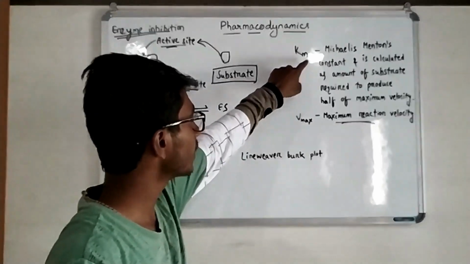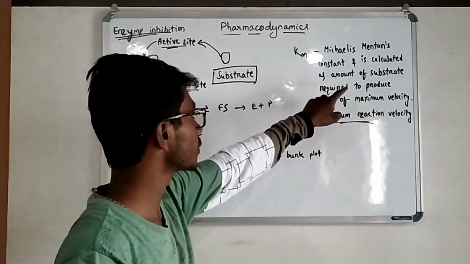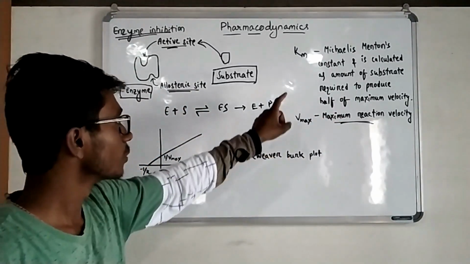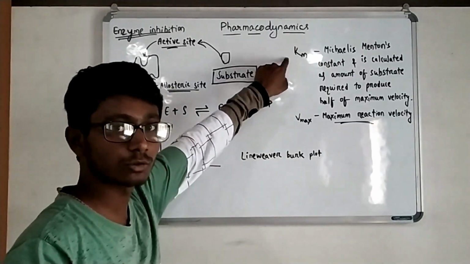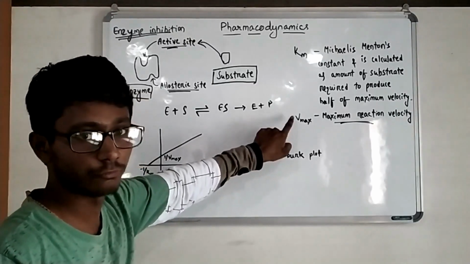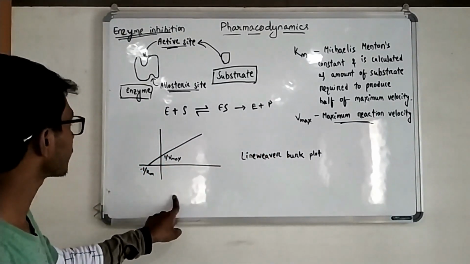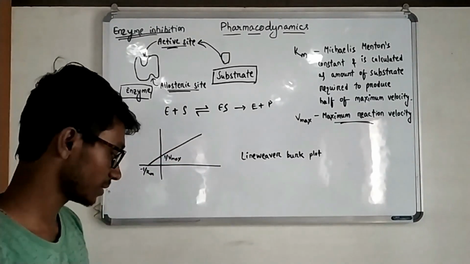Km is calculated as the amount of substrate required to produce half of maximum velocity. So this is our substrate concentration. Km is needed to produce half of Vmax. So this is our Lineweaver-Burk plot, and enzyme inhibition is of two types.